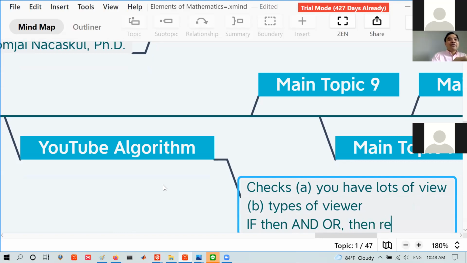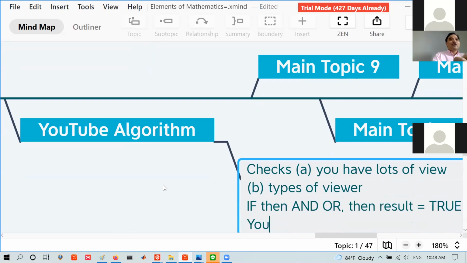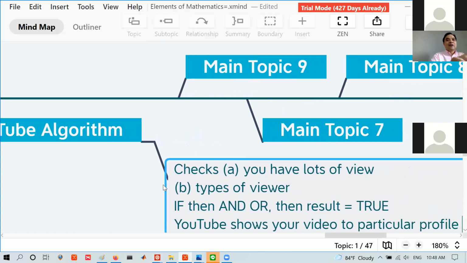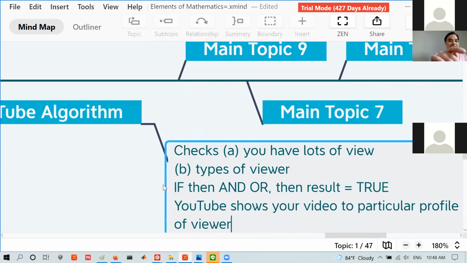If the result is equal to true, then YouTube shows your video to a particular profile of viewer and/or gives you money. So the YouTube algorithm is basically a computation in steps.